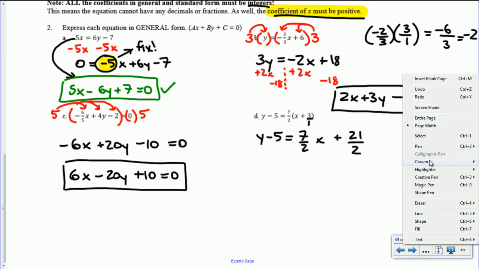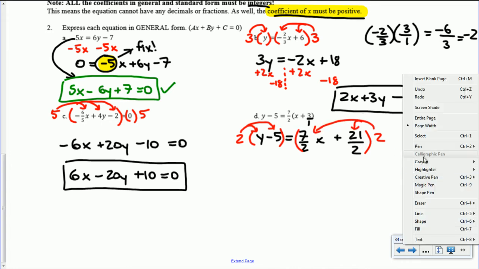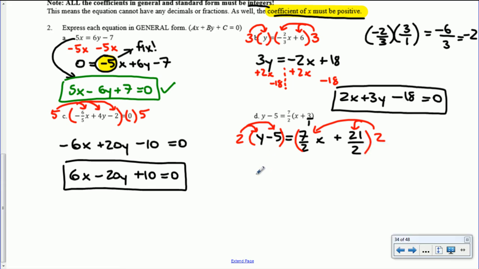Okay, and then, alright, so now I think it'll be a little bit more intuitive to see that if I multiply both sides of this by 2, it gets rid of the fractions on the right. So that'll be 2y minus 10 equals 7x plus 21. I need to keep the x on the right side, so I need to bring these ones over to the right.